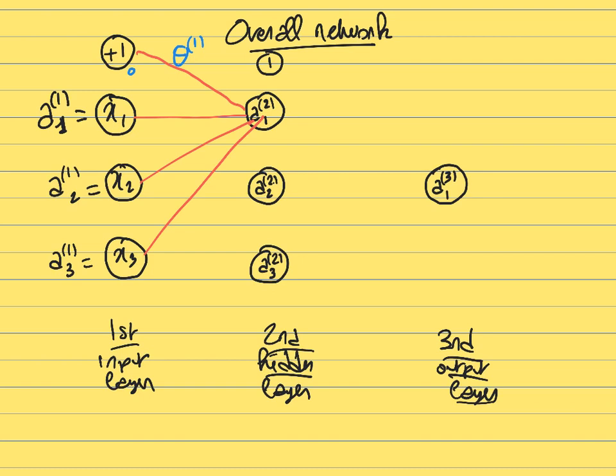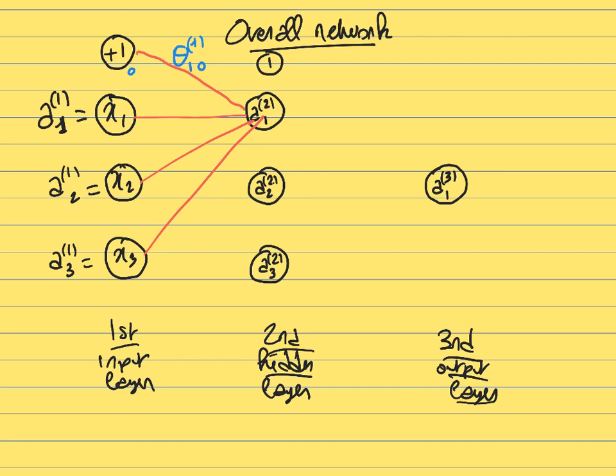So we are going to write this weight as theta superscript 1, because it's from the first layer, and it's connecting the unit 0 of the first layer to the neuron number 1 of the second layer. So we are going to write this weight theta superscript 1, subscript 1 0.